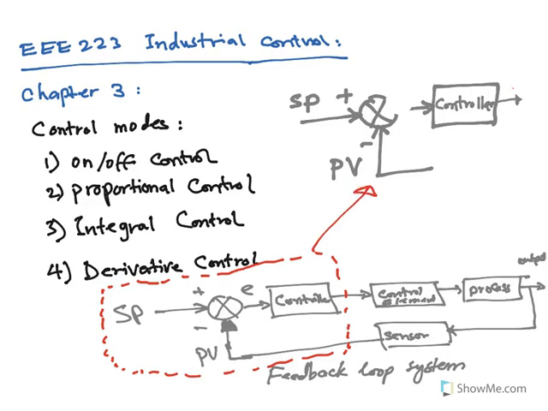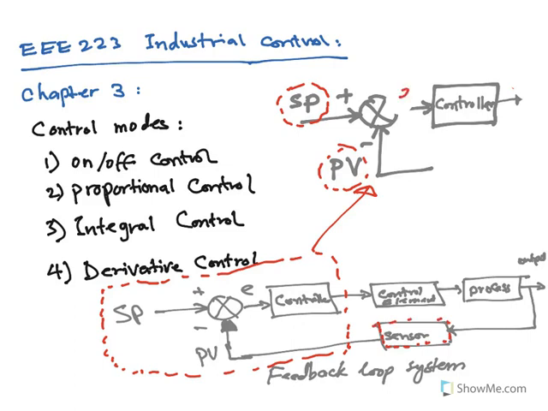Actually, one of the main functions of the controller is to compare the set point and the process variable. The set point is set by the operator, by you, while the process variable comes from the real process by the sensor.